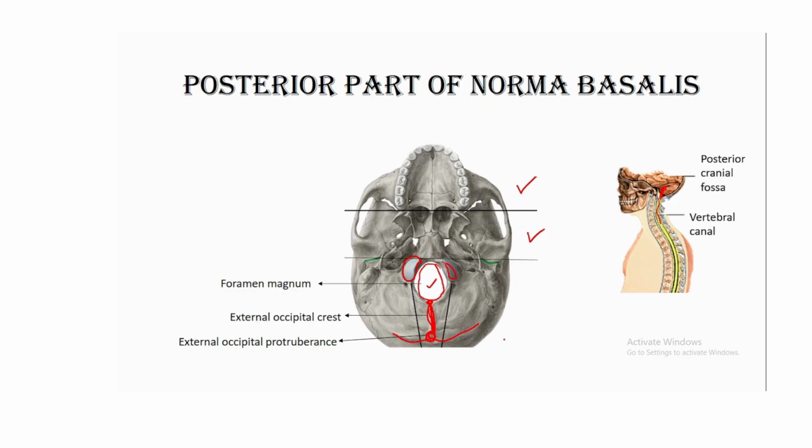This is the superior nuchal line, and this one is the inferior nuchal line. The inferior nuchal line originates from the middle part of the external occipital crest, and the superior nuchal line originates from the external occipital protuberance itself. So this is all about the median area of the posterior part of norma basalis.